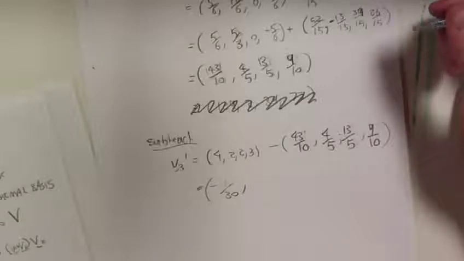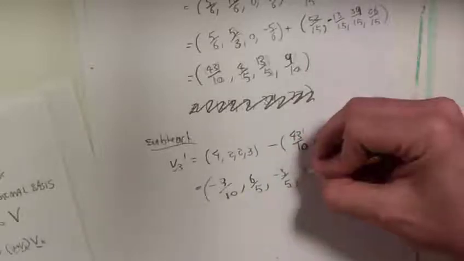So 40 minus 43 would be minus 3 on 10. Two minus 4/5 would be 10/5, so 6/5. So, I think that's right.